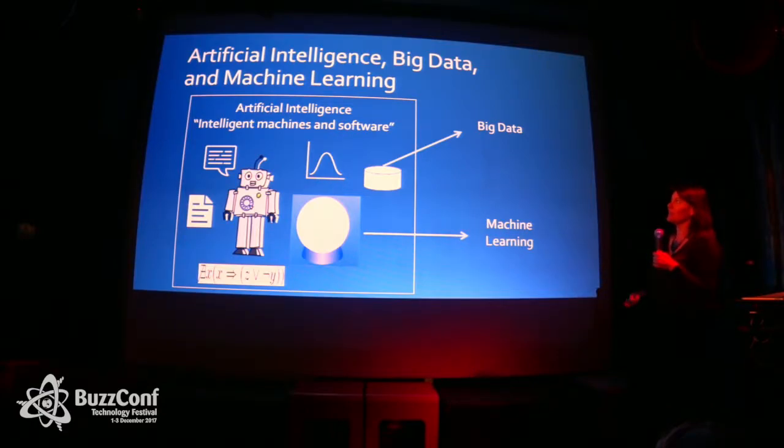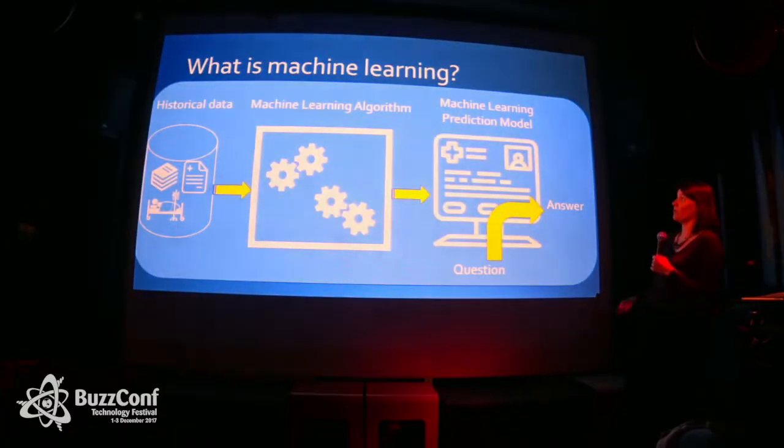But anyway, basically, when we think of machine learning, we think of algorithms that know how to make use of data and apply those algorithms to infer a model to solve a particular problem.